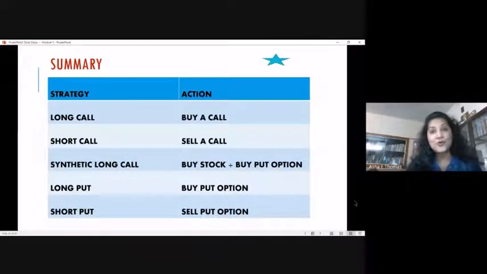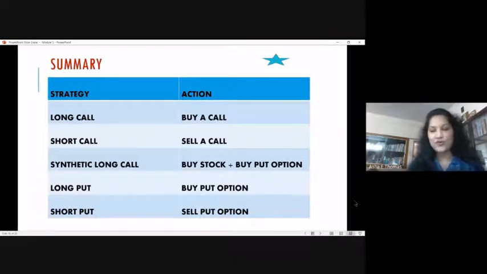Right, so that is actually risky for you. You are being compelled to take up an asset when its share price is much lesser than what is available in the market. So that's what we call a short put. This is the summary of the 5 strategies which we had discussed in our last class.